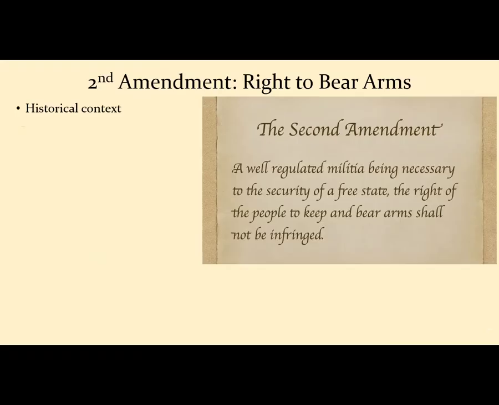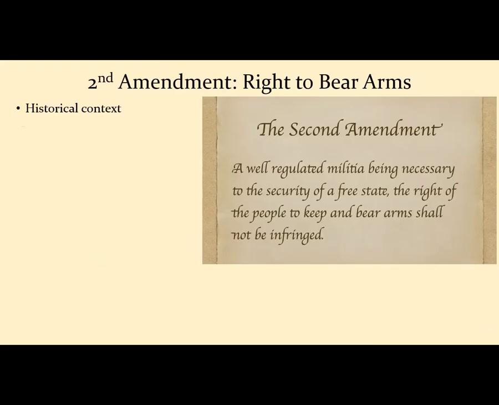Also, every state, we're talking about early American history, every state had a militia. And a militia consists of private citizens who are subject to being called up to serve their state government, to serve their state against threats, against political threats, even against threats of the federal government. In order to have a successful militia, one that could protect the interests of a state, the militia had to be armed.